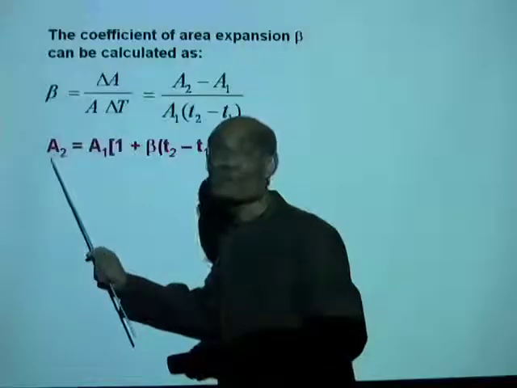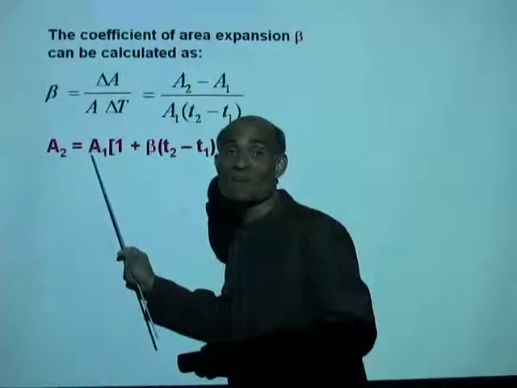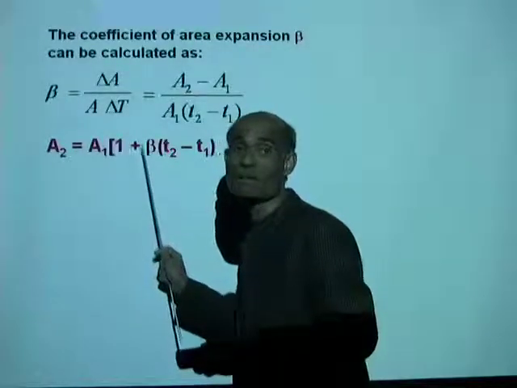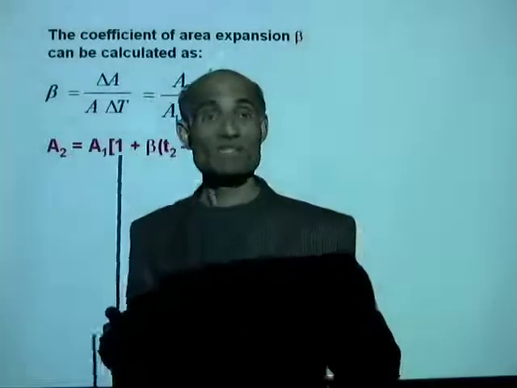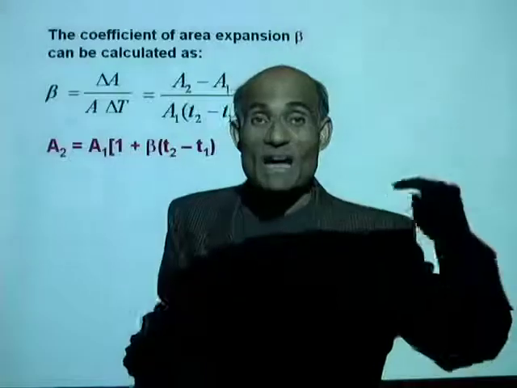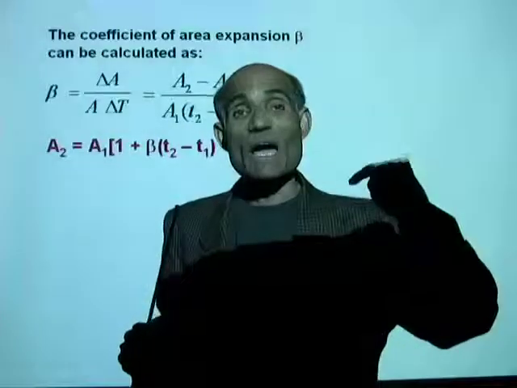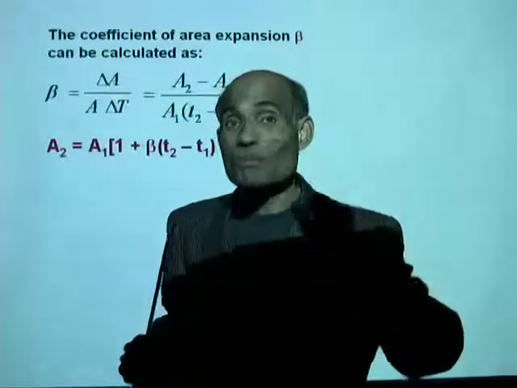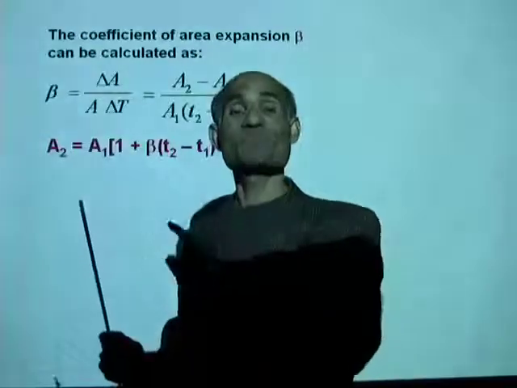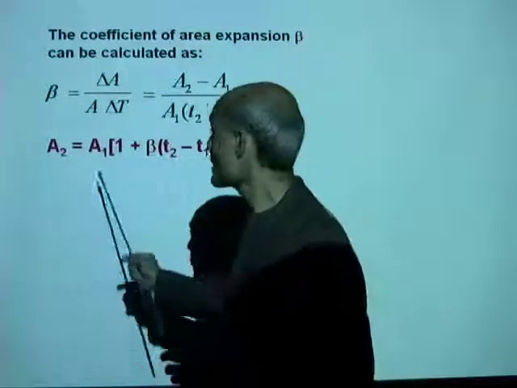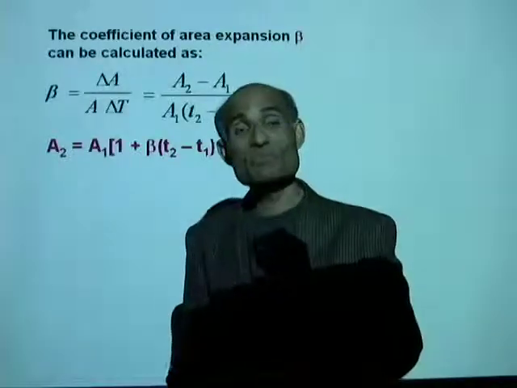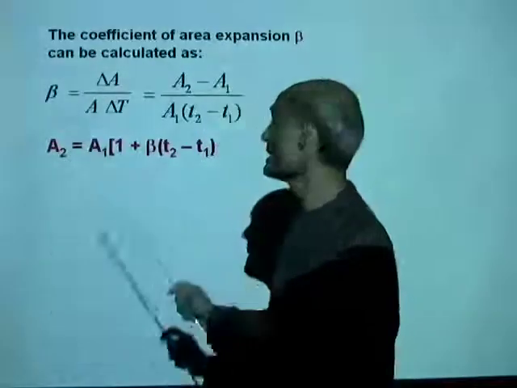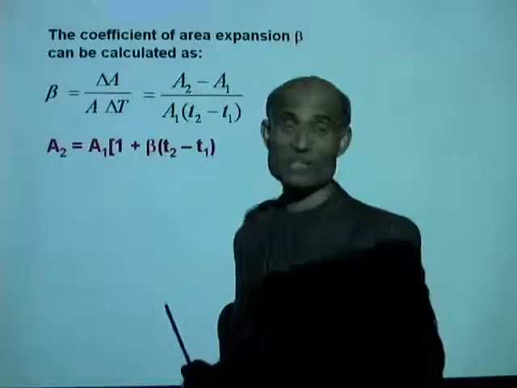Well, it will be A2 equal to A1 times 1 plus beta times T2 minus T1. The same kind of equation we had, L2 equal to L1 times 1 plus alpha times T2 minus T1. Similarly, A2 equal to A1 times 1 plus beta times T2 minus T1.